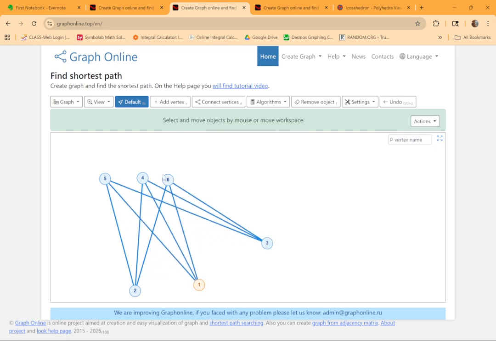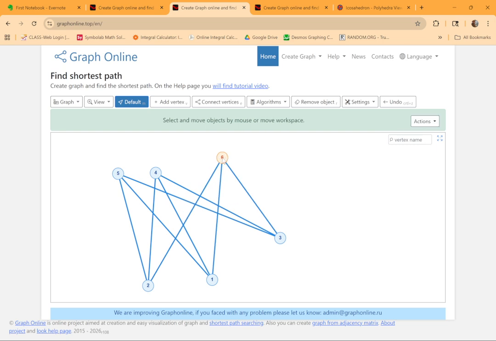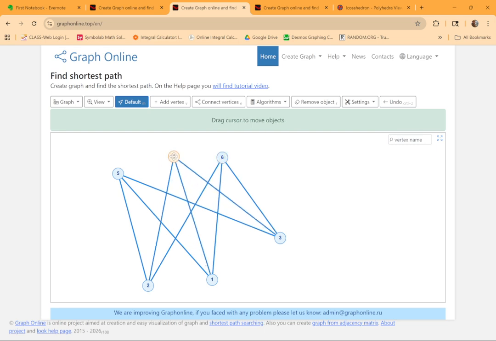What makes it bipartite is that we have these 3 vertices, 1, 2, 3, and there's no connection between them and the 3 vertices up here, 4, 5, and 6.